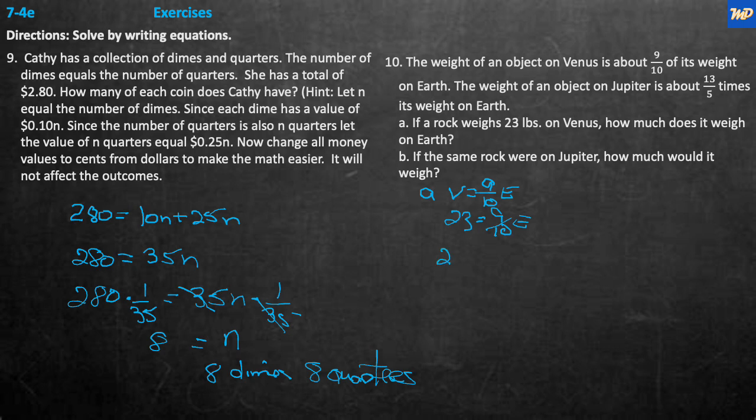So 23 times 10/9 is equal to 9/10 times E, the Earth's weight, times 10/9, the reciprocal. So these reciprocals cancel, and we're going to have 230 divided by 9. 230 divided by 9 is equal to the Earth's weight.